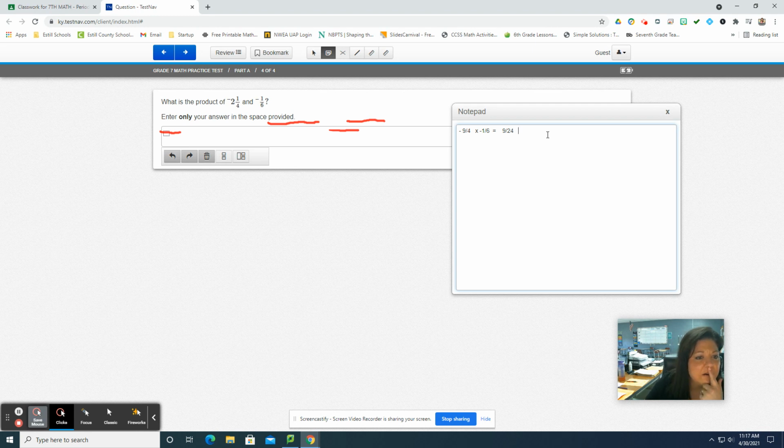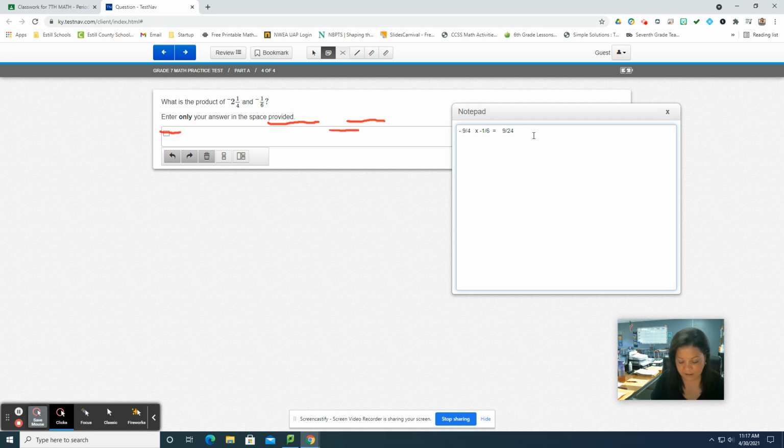So I can look and say, well, what would go into 9 and 24? Is there anything? Well, let's think about my factors. 3 times 3 is 9, right? And 1 times 9 is 9. 24, 1 times 24, 2 times 12, 3 times 8. So 3 will go into 9 and 24.